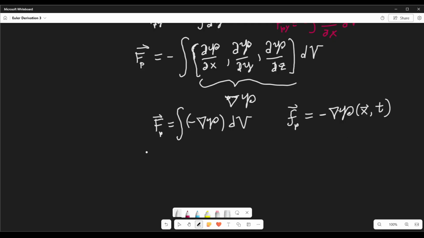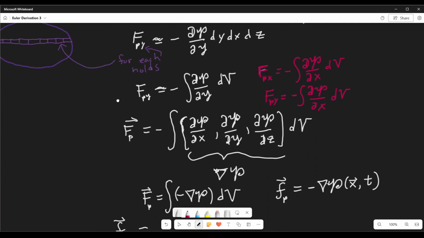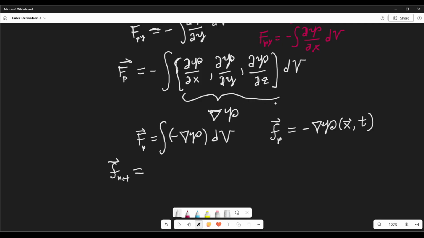So putting this back together, the net force for the Euler equation equals rho times g, which is the external force, as a vector field.